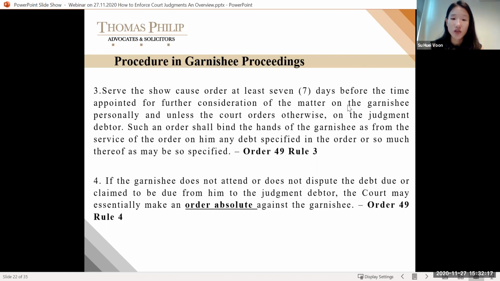If the Garnishee does not attend on the hearing date after getting the show cause order, or does not dispute the debt due or claimed to be due from him to the judgment debtor, the court may then make an absolute order against the Garnishee. This is Order 49, Rule 4. When an order absolute is made, the money will be paid by the Garnishee to the judgment creditor.